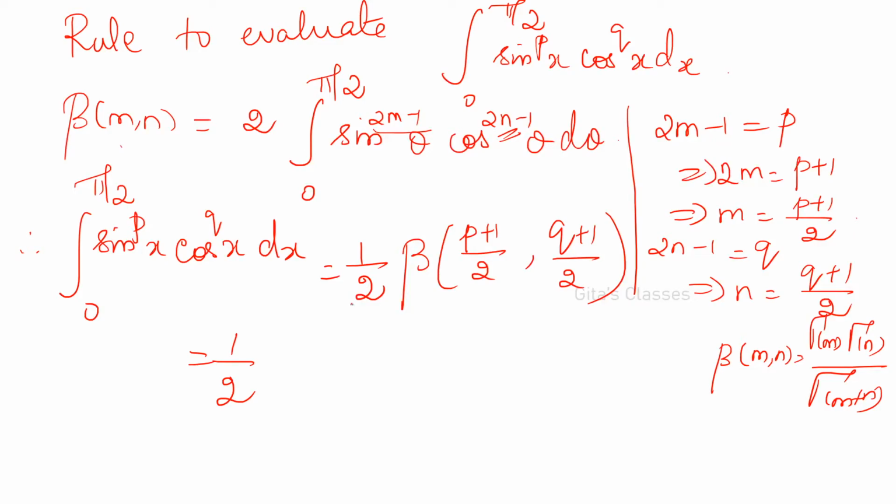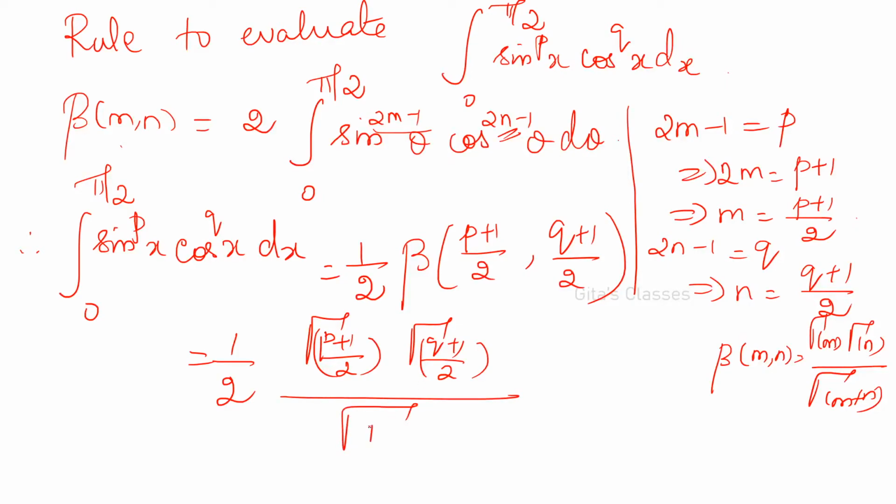Right? So therefore this is equal to gamma of p plus 1 by 2 into gamma of q plus 1 by 2 divided by gamma of p plus q plus 2 divided by 2. Therefore, this is our integral.